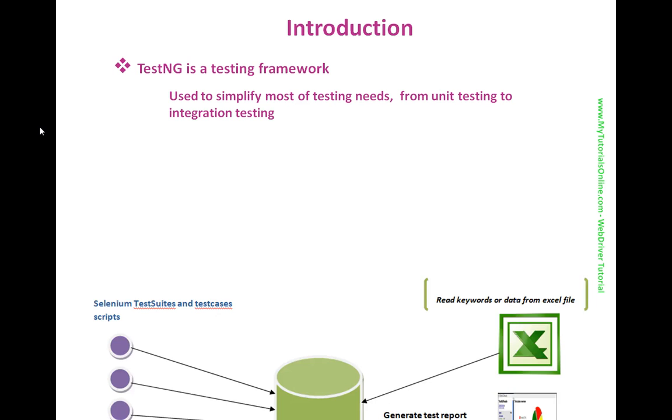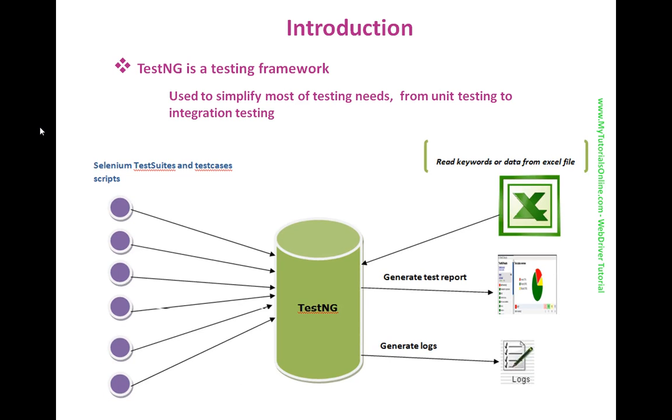If you look at the architecture, or how we are going to use TestNG, it looks like this. We have TestNG here, and we have our Java code, our business logic. When we are working with Selenium, all the business logic is written in Java.